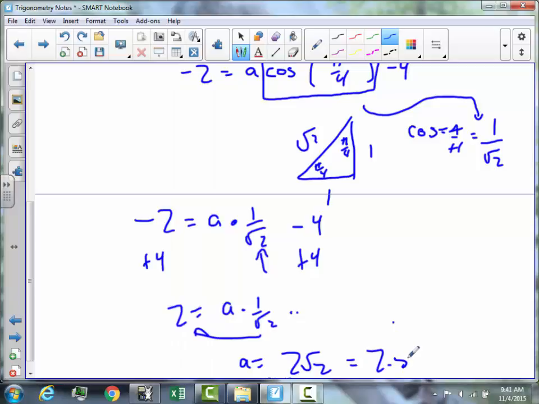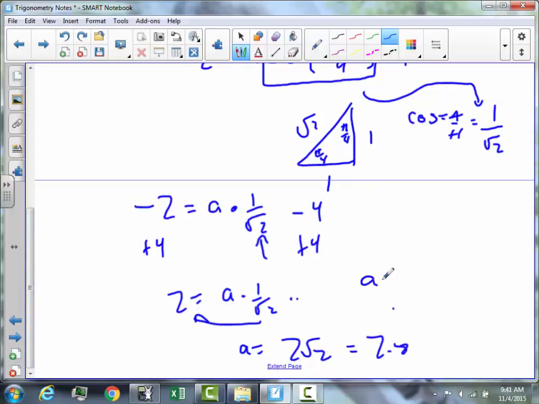I think I wanted just a 2.8 though. That being said, I have seen them ask numeric response questions where they tell you that A is equal to x root y, and then they ask you what is x and what is y, and then your answer would be 2 and 2. Makes sense?